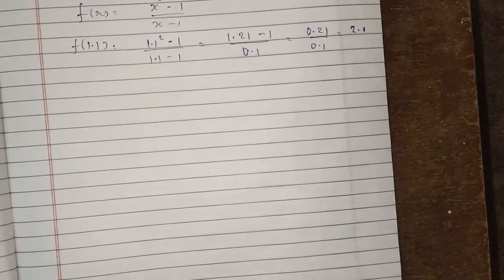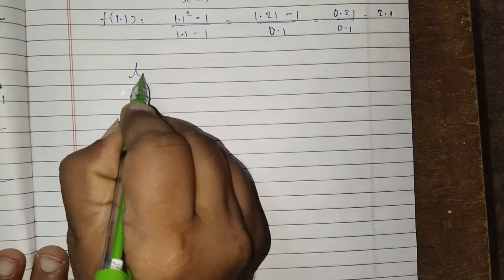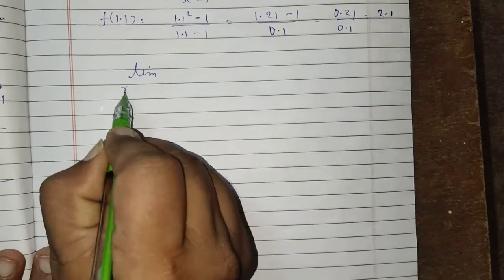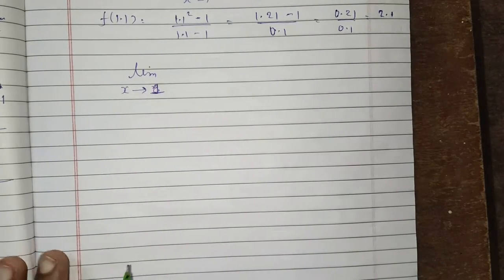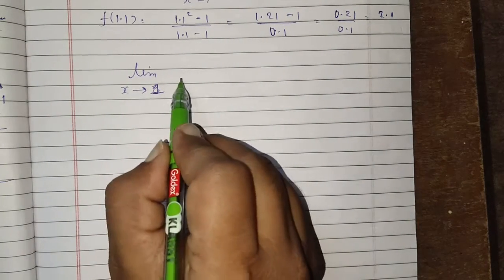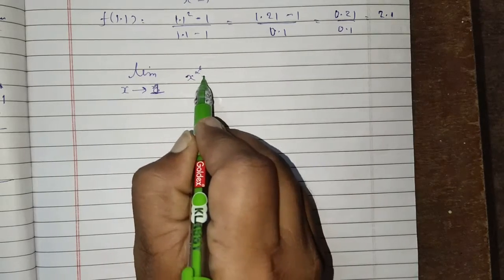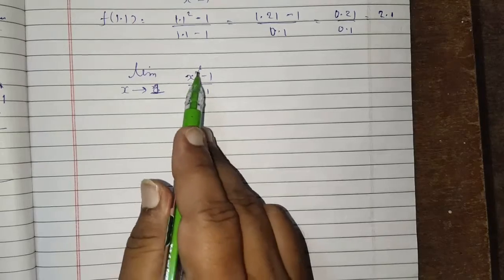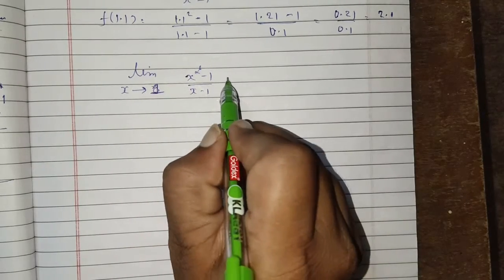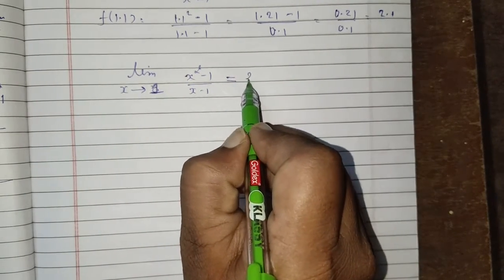We can write that limit x tends to 1 of f(x), it means x square minus 1 divided by x minus 1, is equal to 2.